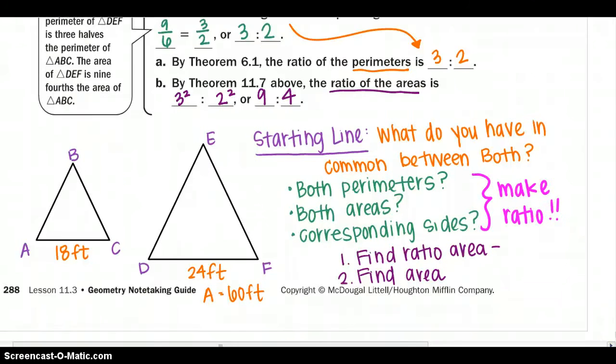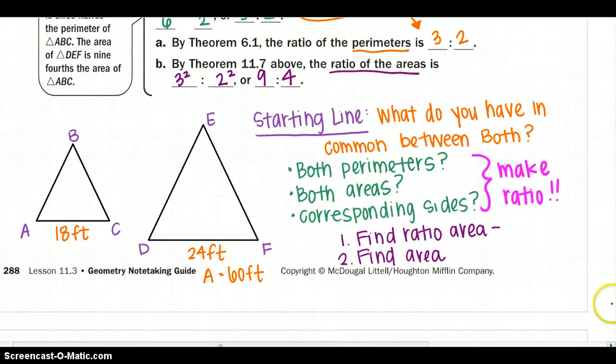So we want to find the area of A, B, and C, but first we need to find the area ratio. I have corresponding side lengths, so I'm going to make my ratio out of that, 18 over 24, which I can reduce. 18 divided by 24 becomes 3/4, and we can use that.